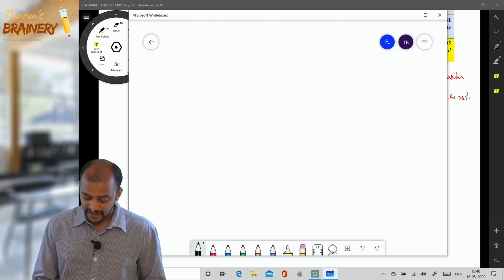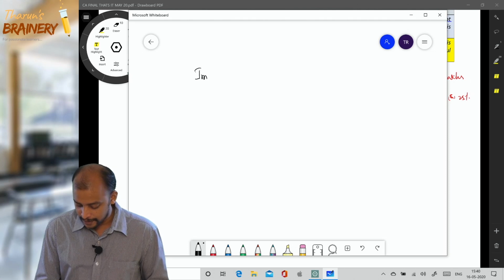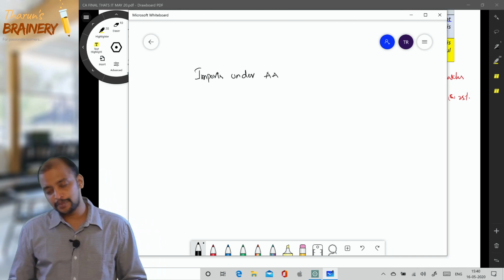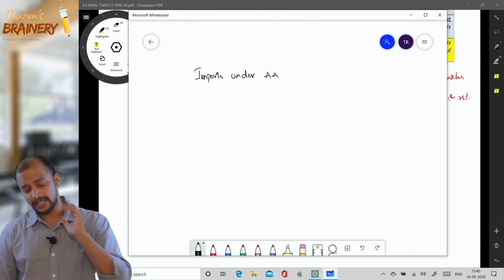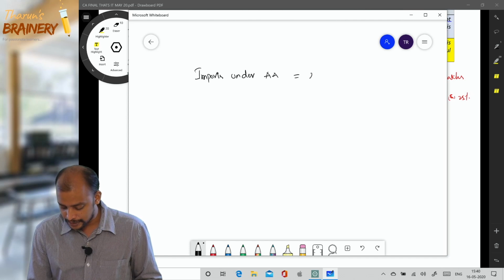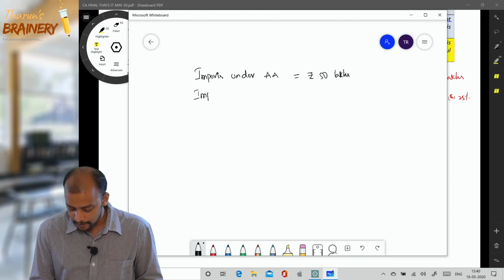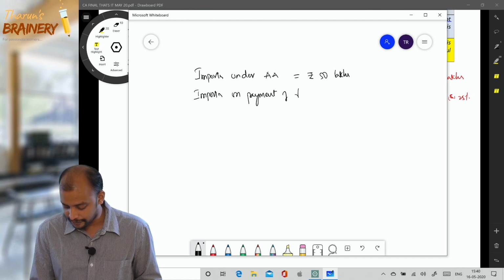Now see this. Imports under advance authorization equal rupees 50 lakhs. Imports on payment of duty equal some 20 lakhs.